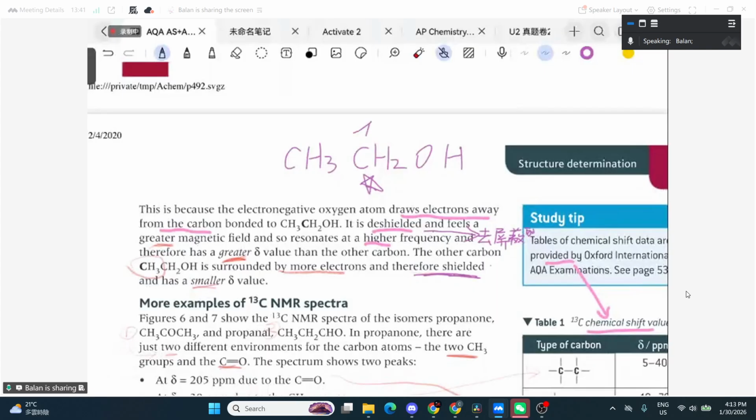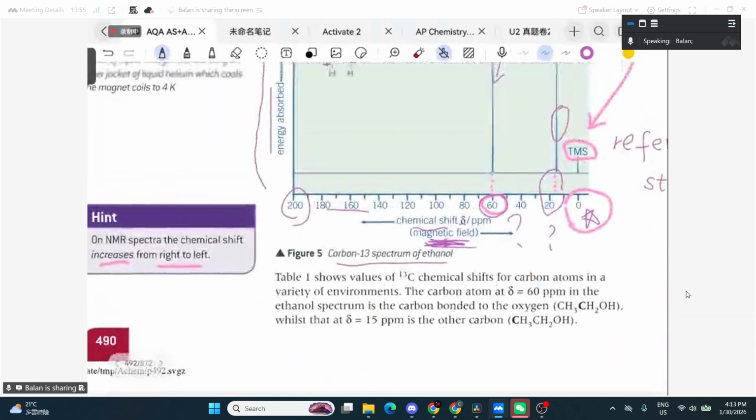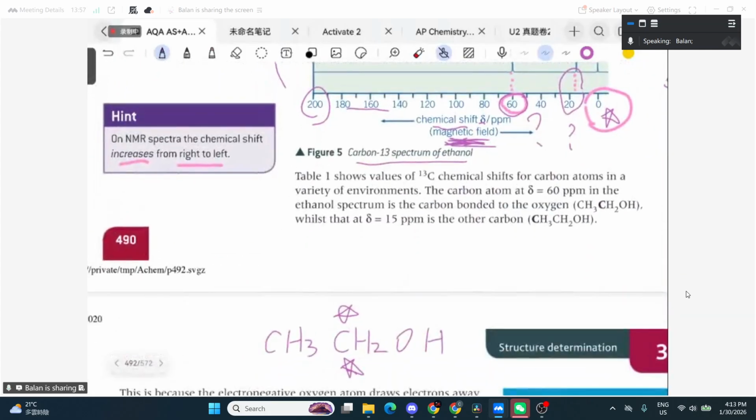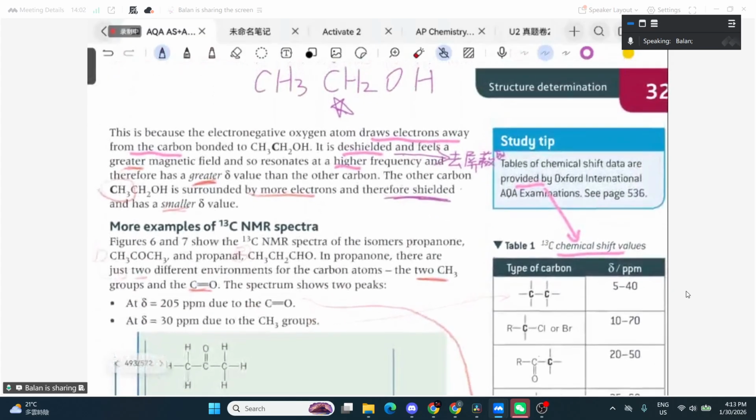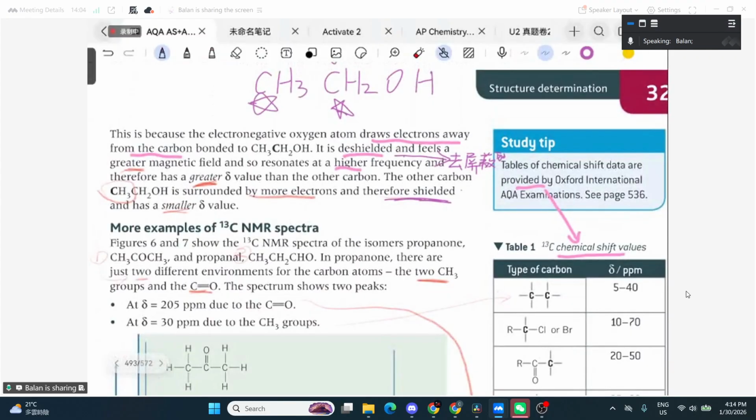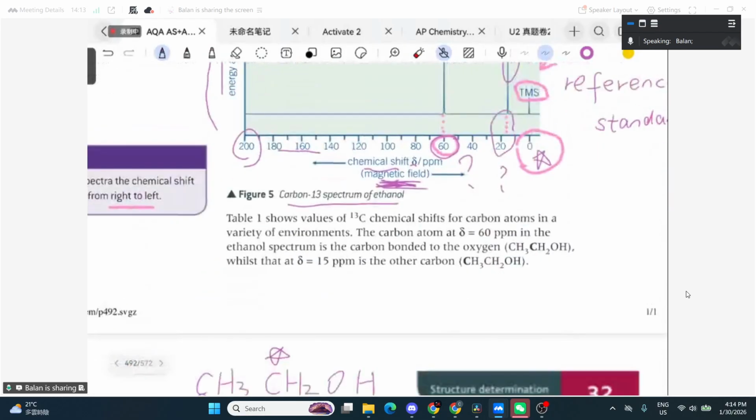So the middle carbon is deshielded and feels a greater magnetic field, so it resonates at higher frequency. So its chemical shift value is greater, it's 60. And the other carbon, this first carbon, is surrounded by more electrons, so it's shielded more and has a smaller chemical shift value.